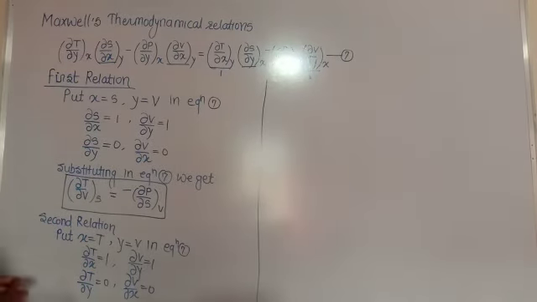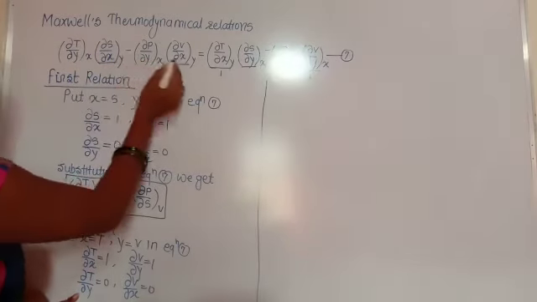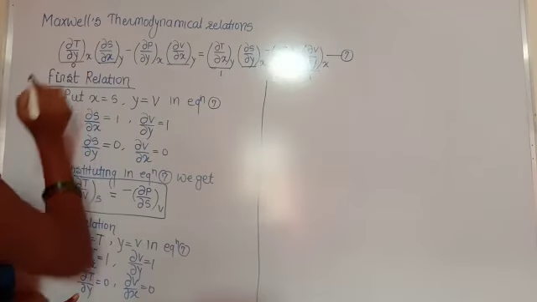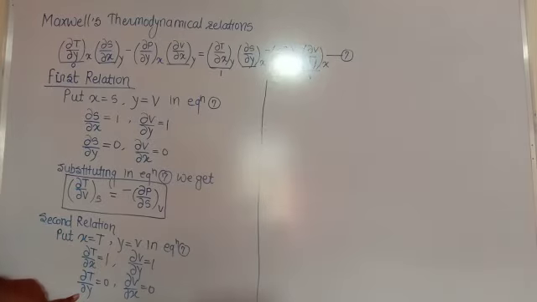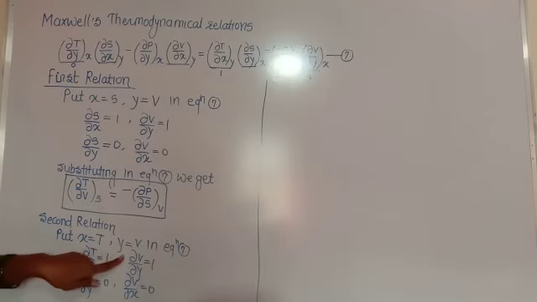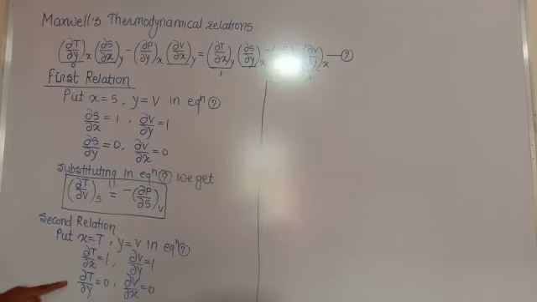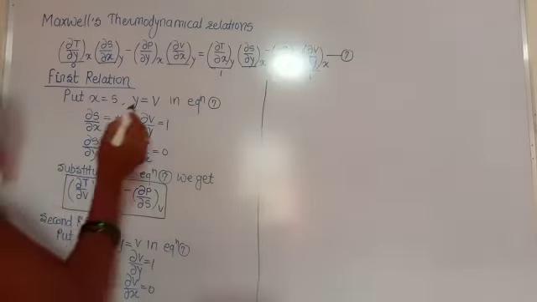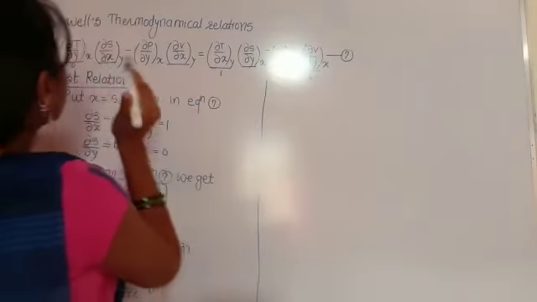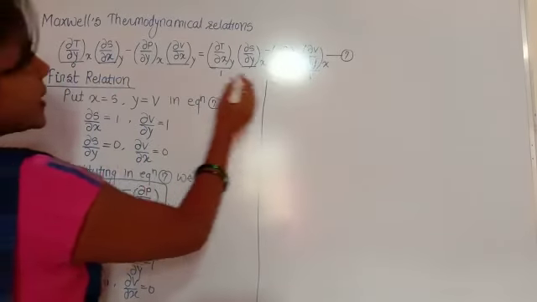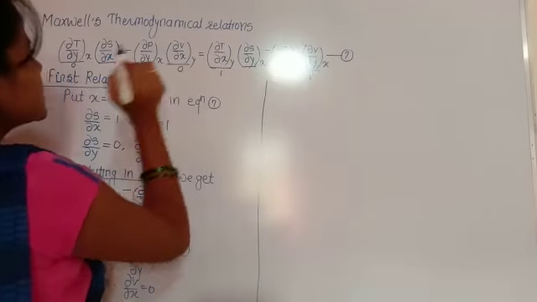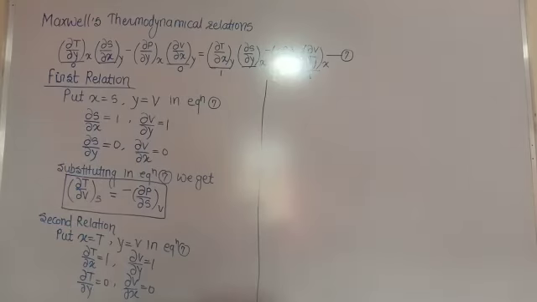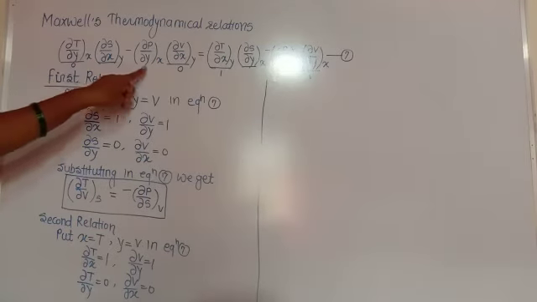Then del T by del Y is 0, and del V by del X is 0. So we get only two terms; this term becomes 0 and this term is also 0.